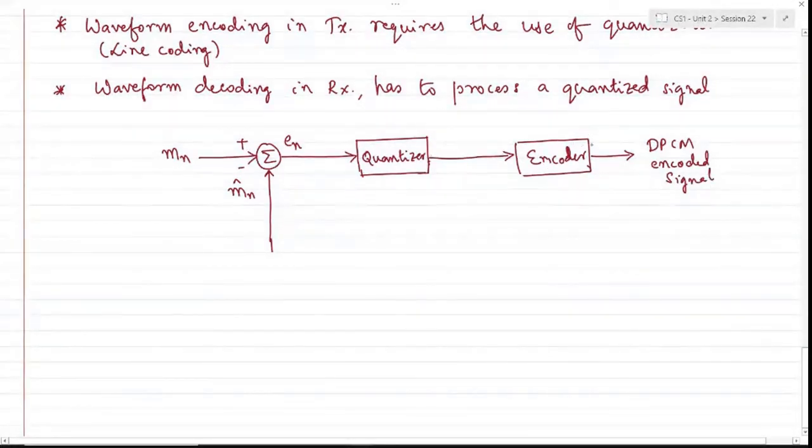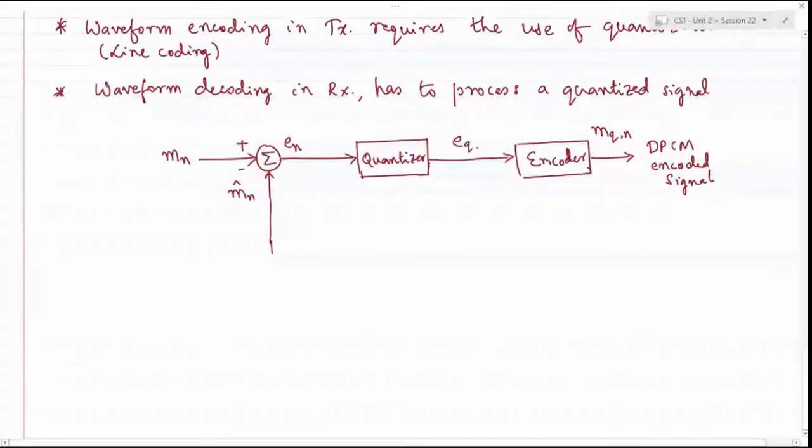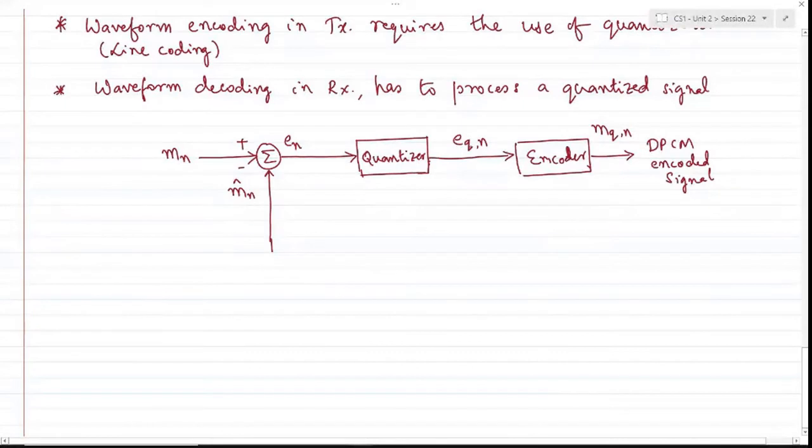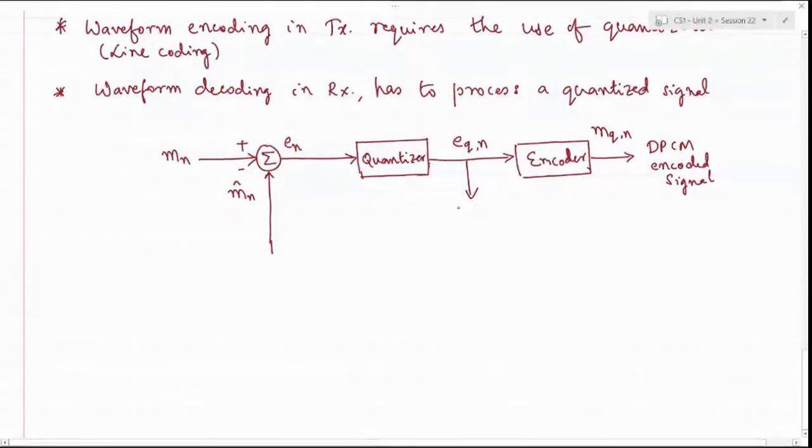We'll represent this in mathematical notation as m_q,n, where the output of the quantization process is involved with a subscript known as q, which is taken and added with the prediction.